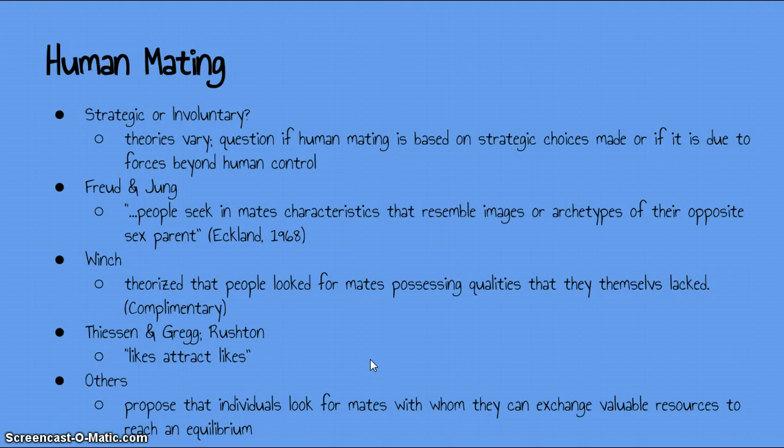And other viewpoints propose that individuals look for mates with whom they can exchange valuable resources to reach an equilibrium. So they're just looking for compensation in the same theory as well.